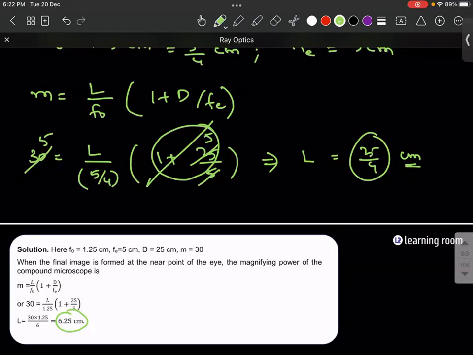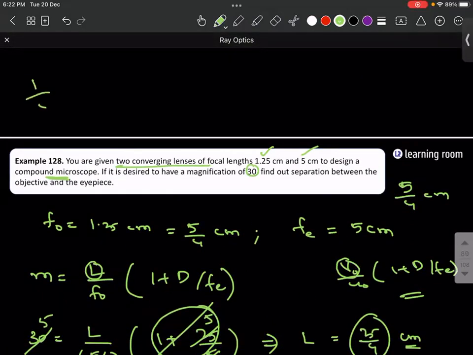Yes. That is what it is. See, there is actually an approximated formula. V naught divided by U naught into 1 plus D by Fe is the actual formula. There we approximate this V naught. So what we do is 1 by V minus 1 by U is equal to 1 by F, the lens formula, we derive it. See, 1 by V naught minus 1 by U naught is 1 by F naught.